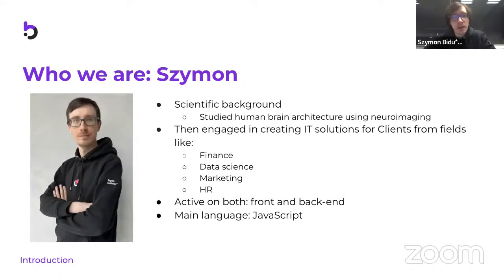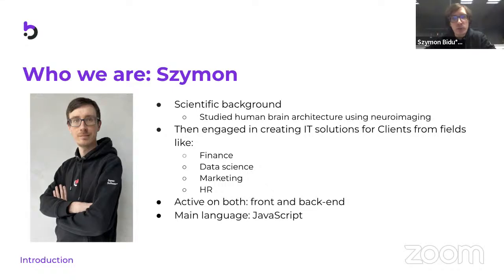Hello, of course. So I am in Espeo Blockchain. I am also a blockchain developer. I am also working on a Node.js side in many projects, but I started my career with a scientific study of the human brain. So I was using mostly neuroimaging to study the architecture of the brain.